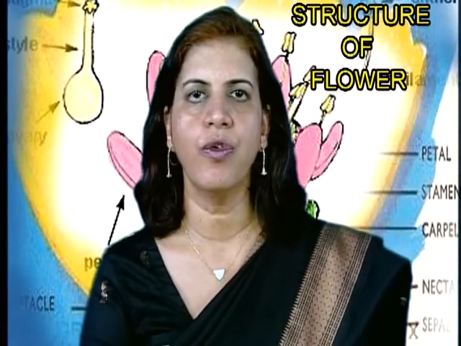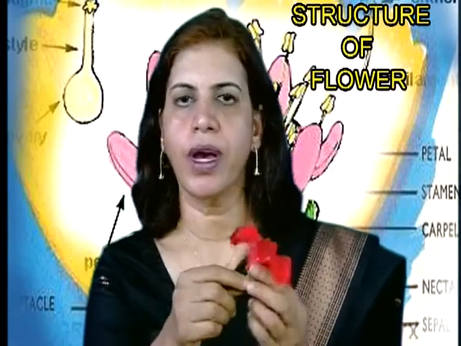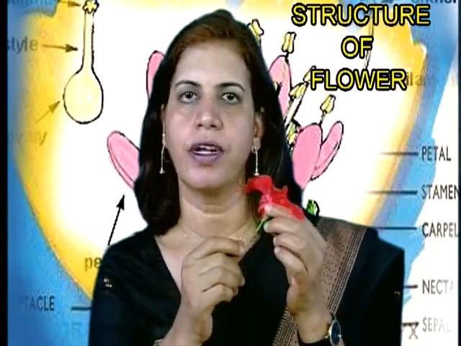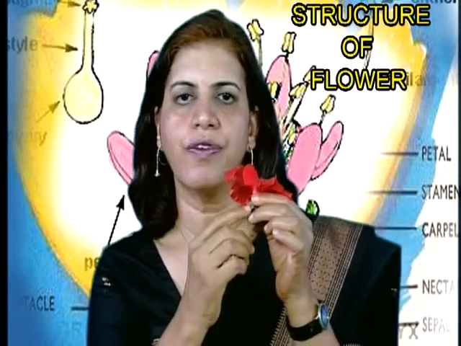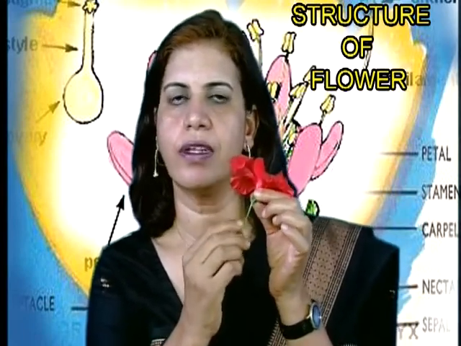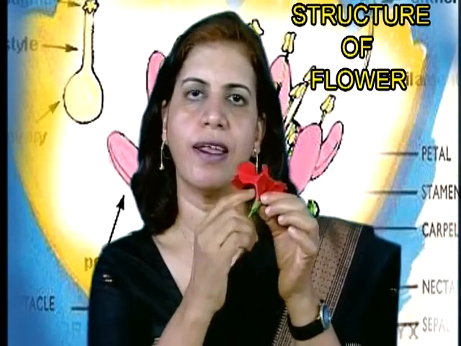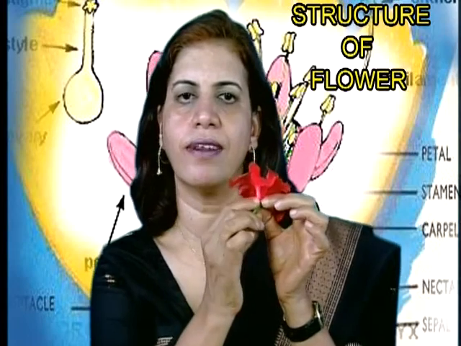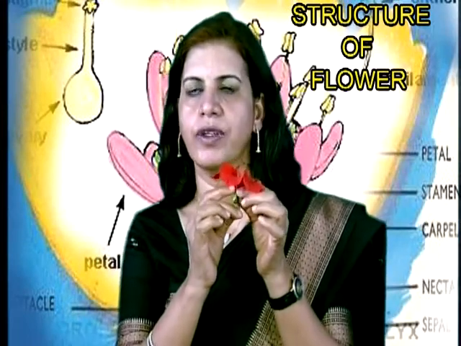The stalk of the flower is called the pedicel. Now you see in my hand, this is a flower and this is the stalk of the flower. The tip of the pedicel continues as an enlarged axis known as the receptacle or thalamus.